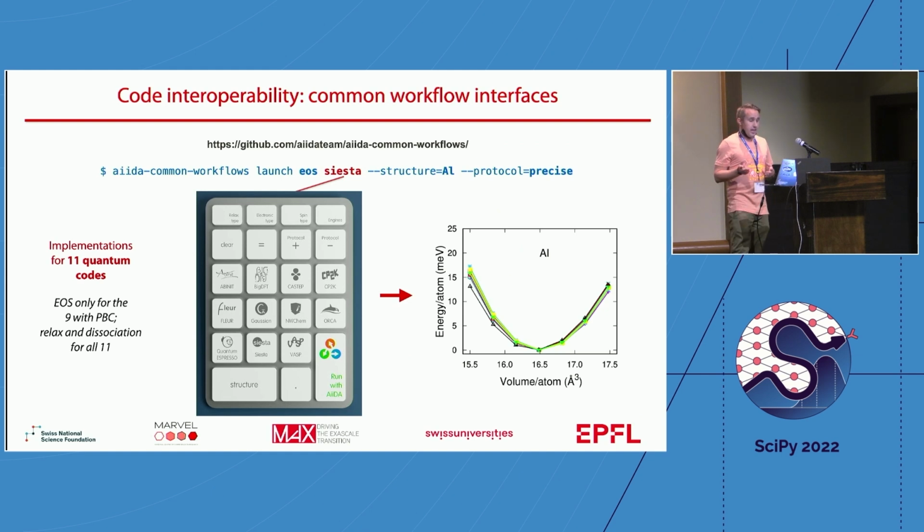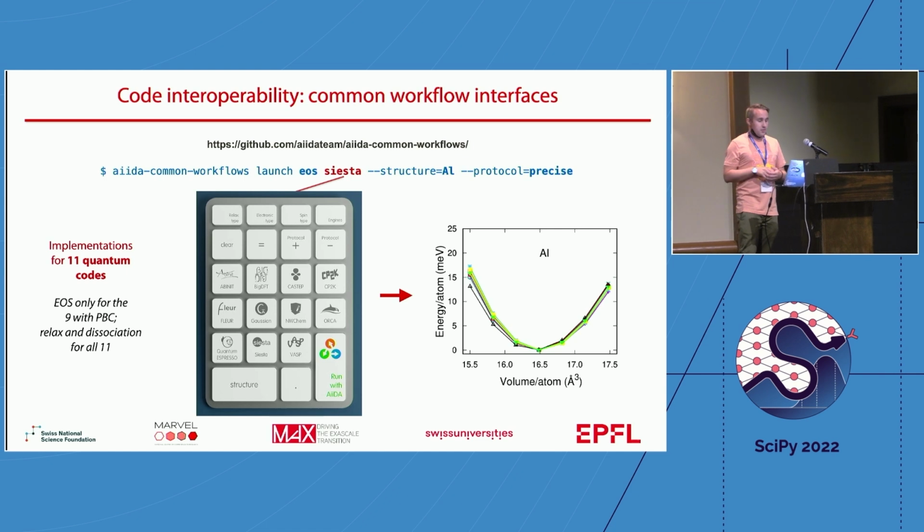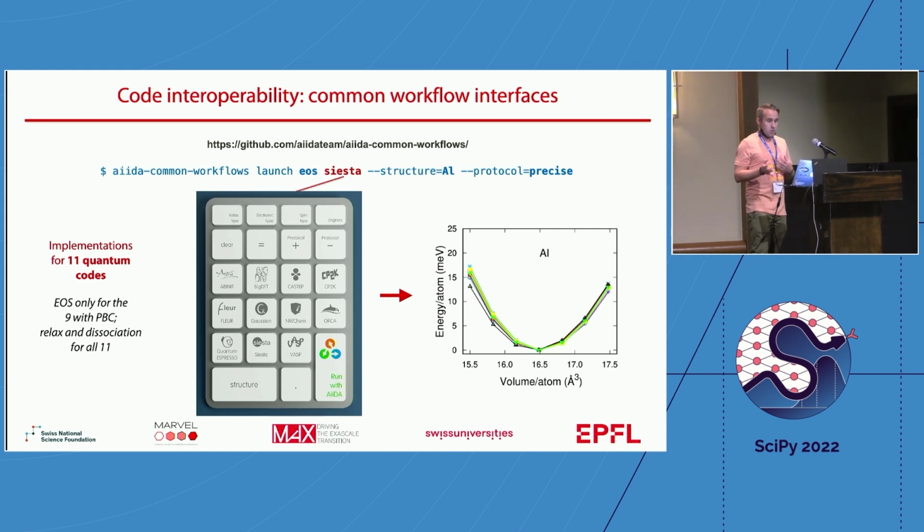The key idea is, let's say I want to compute a material property, then now it's possible just to run this command line at the top. I ask the AiiDA Common Workflow tool to launch, say, an equation of state computation with the Siesta code on an aluminium crystal structure. Then we have this protocol to dictate the choice of numerical parameters, which hopefully, for the precise protocol, gives some kind of relatively high level of accuracy.